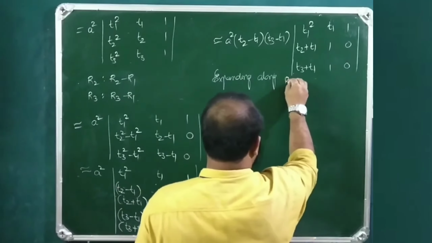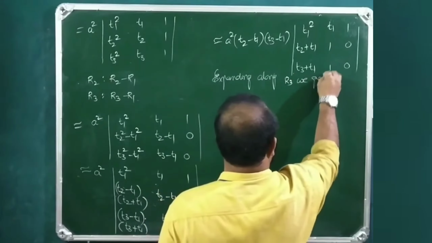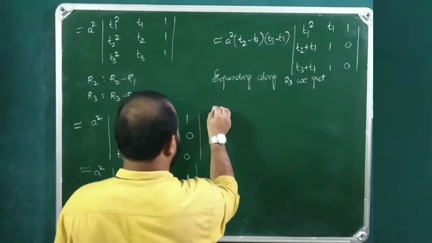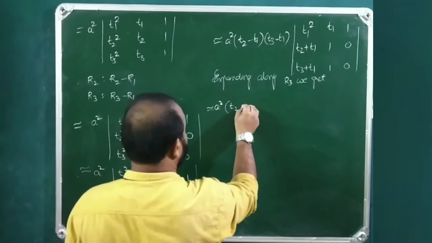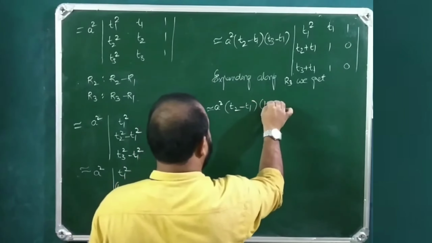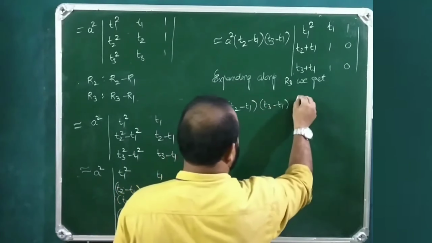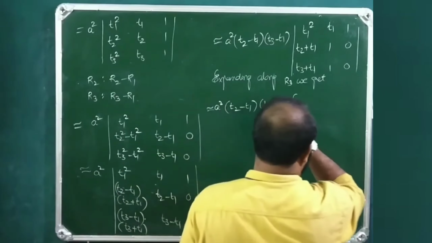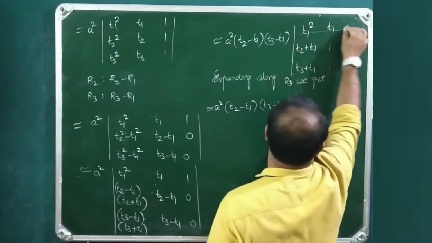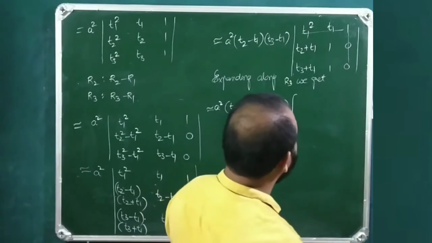R3 we get, A square into T2 minus T1 into T3 minus T1 into, this and this will be taken.